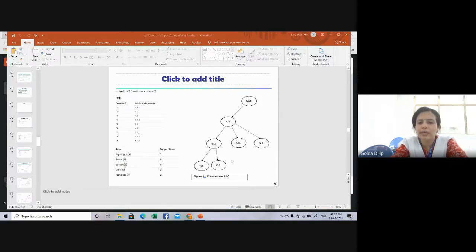It becomes ABC. So the count of A becomes 4. Then there is a link B already from A, so you increase the support count to 2. Then there is no link from B to C, so you create a new node C with a count of 1. So transaction 4 is over.